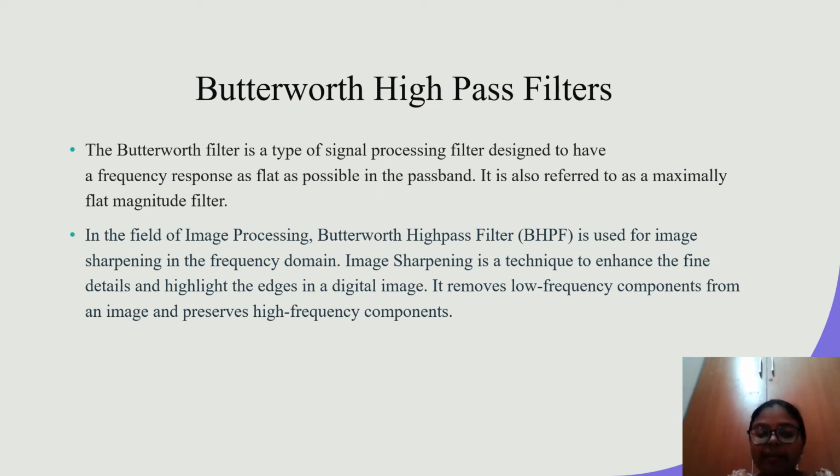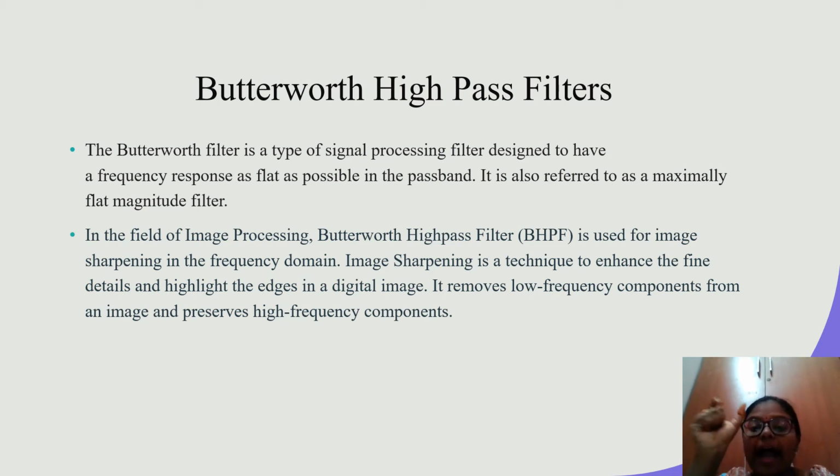In image processing, the Butterworth high pass filter is used for image sharpening in the frequency domain. Image sharpening is a technique to enhance fine detail and highlight the edges in a digital image. You have to note this: it removes low frequency components from an image and preserves high frequency components.